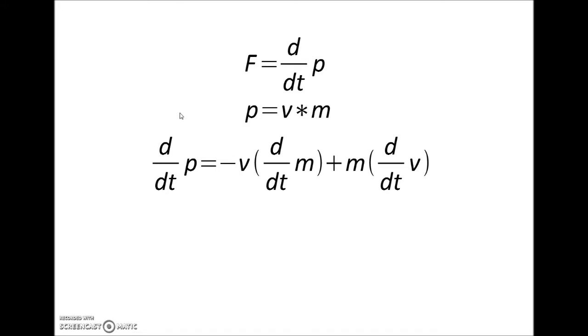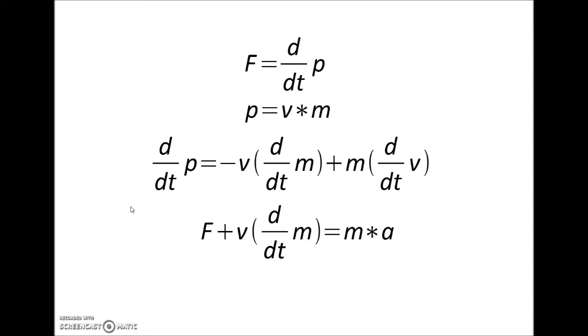If you want to find the change in that momentum, you have to do a little calculus, and it comes out to this. Your change in momentum is equal to the opposite of the velocity times the change in mass plus the mass multiplied by the change in velocity. Now this is negative because the velocity of the change in mass is going in the opposite direction of the force.